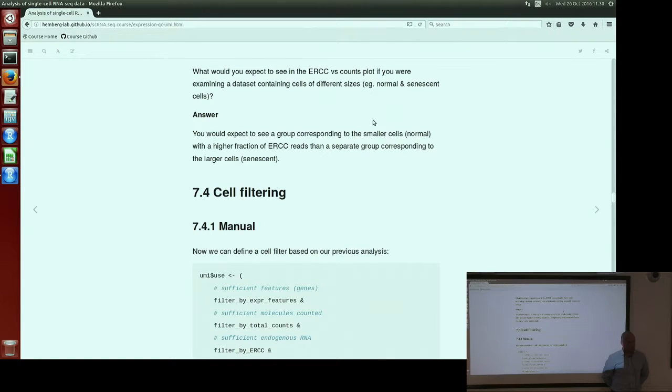But if you're interested in accurately measuring the level of expression in different genes, then you'll obviously need more sequencing depth.